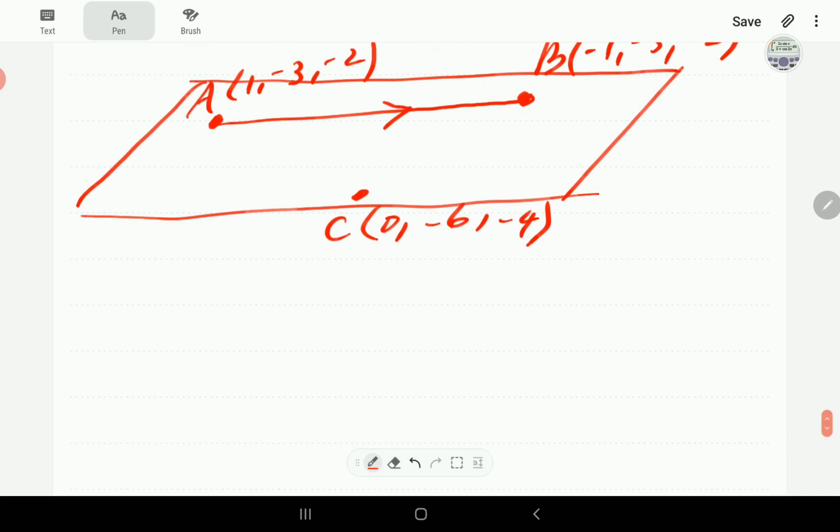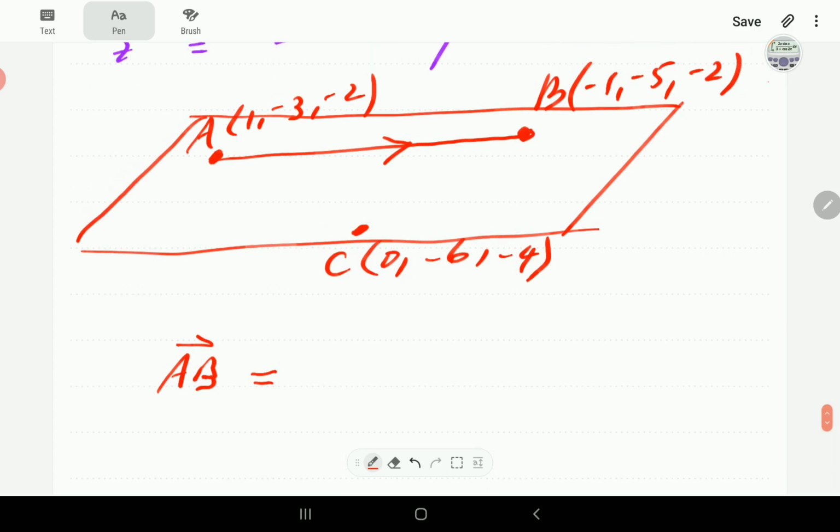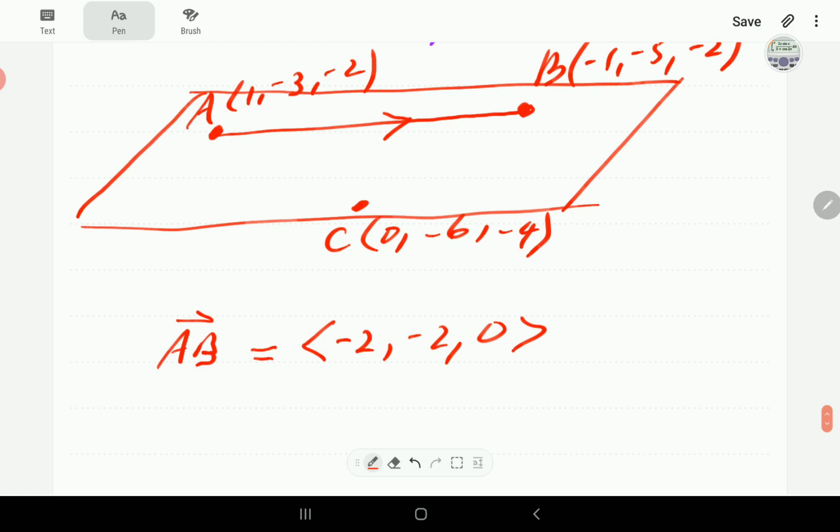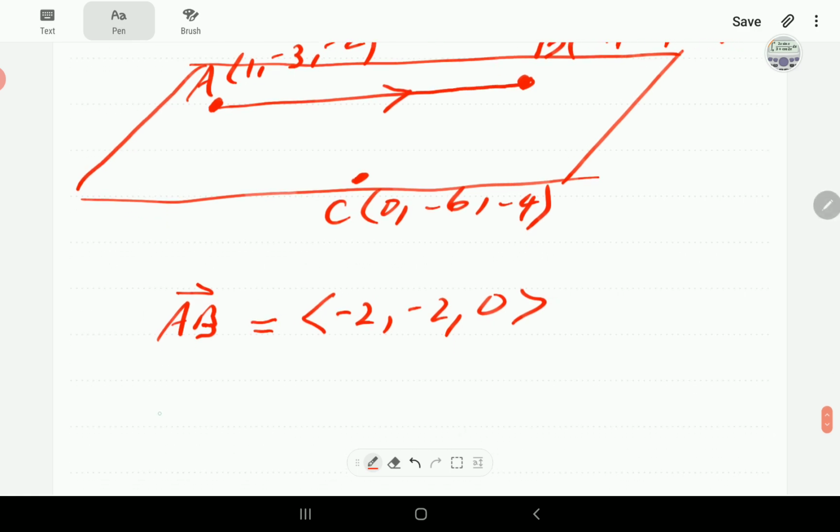So now AB is a vector. If it's a vector in the plane, it's going to be parallel to the plane. That's going to be -1 minus 1, which is -2; -5 minus -3 is -2; and -2 minus -2 is 0. So that vector is in the plane, so it is going to be parallel to the plane. Then we could do AC.